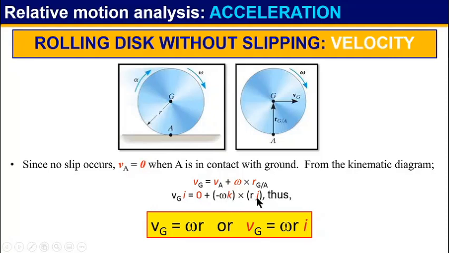So k times j gives negative i, and negative times negative is positive. Hence, we will get VG equal to omega R, or VG equal to omega R i in vector. So, this is the rolling disc without slipping velocity. Actually, this condition you already learned in the chapter 3 part 2 video.